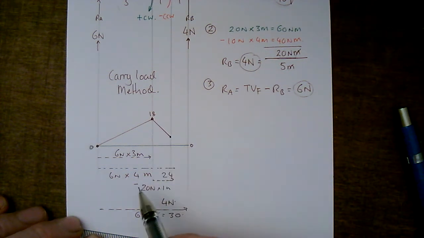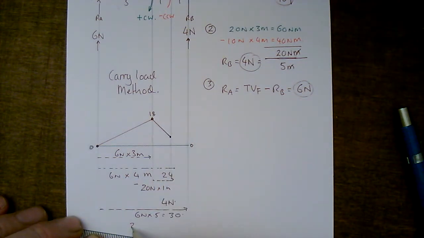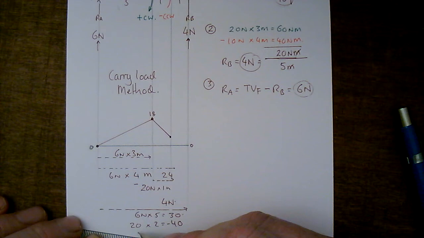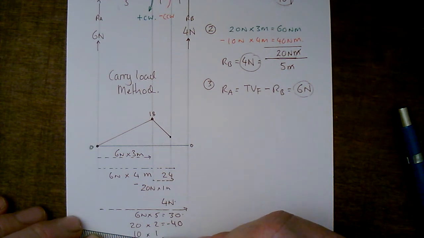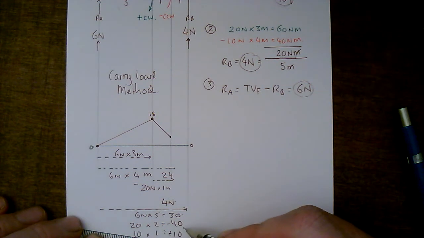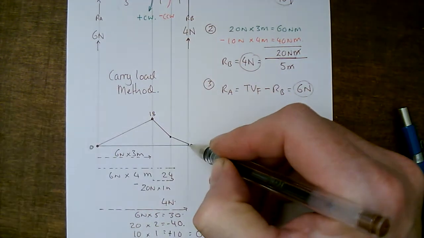I'm going to take the 20, carry it 2 meters, so we've got 20 times 2 is minus 40, and then we've got an upward force, so again it's a positive. We're going to have 10 newtons times 1 meter, that's how far we carry it, and that's going to be plus 10. So 30 take away 40 is minus 10, plus 10 equals 0. And that would be the shape of our bending moment diagram.